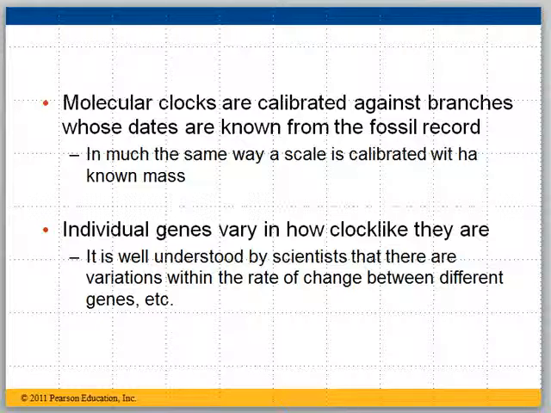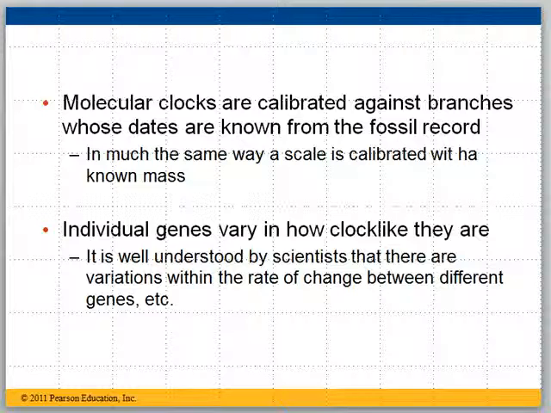We would look at the molecular changes that have occurred in a particular set of genes over time, and we would compare that to the fossil record that we have for those same species. This would be very similar to the way you might calibrate a scale with a known mass. If you want your scale to read 1 kilogram and you have a known 1 kilogram mass, you can calibrate that scale. Or if you want to zero out the scale to calibrate it, then you can feel stronger about that scale's accuracy.